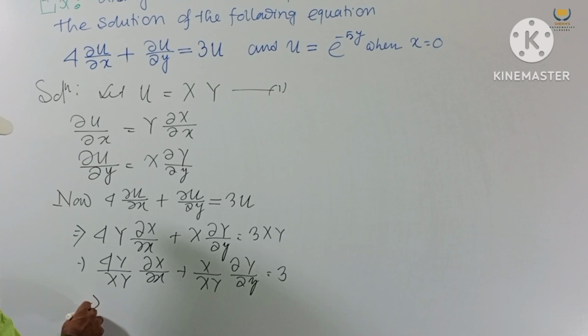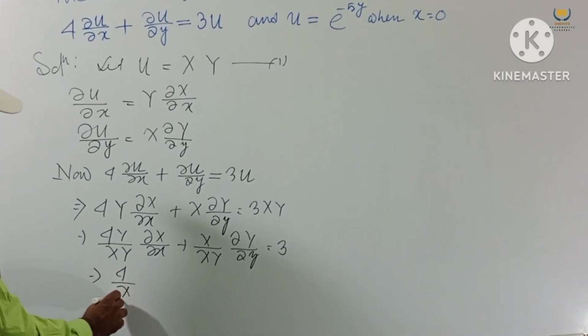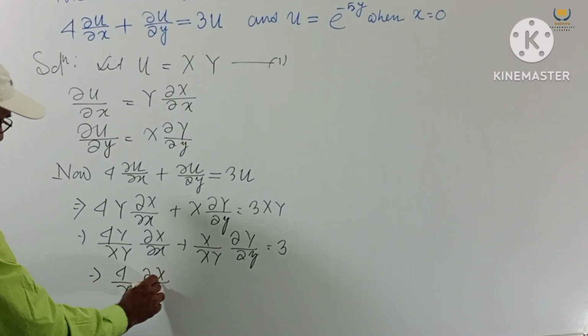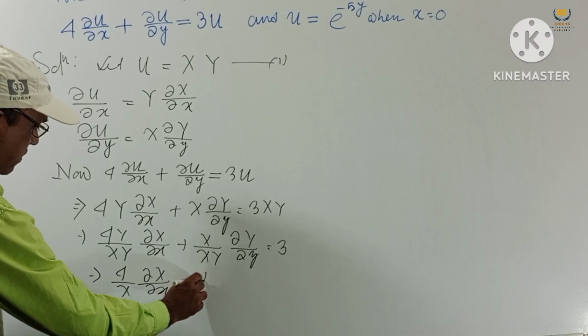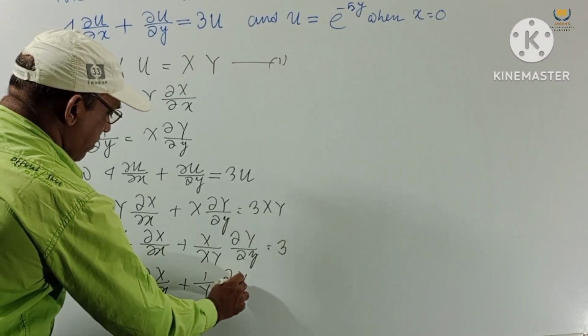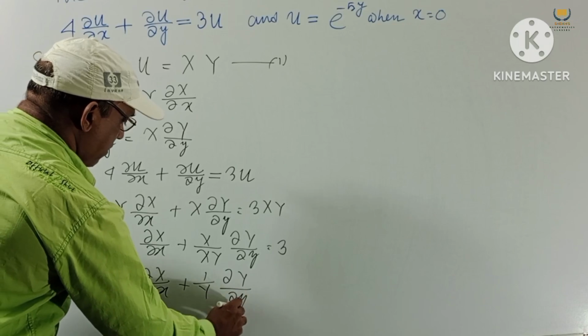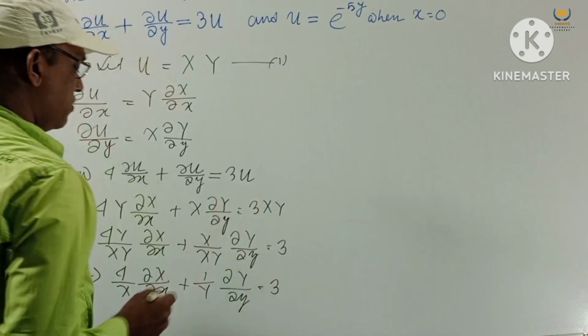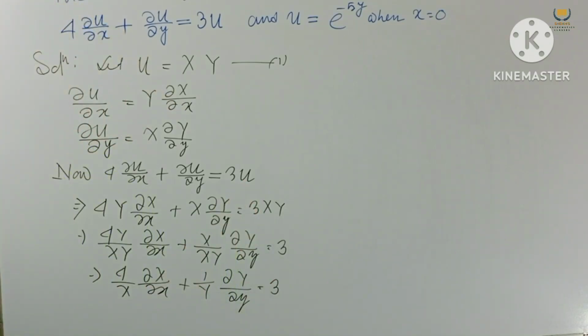Then Y cancels: 4/X ∂X/∂x + 1/Y ∂Y/∂y = 3.